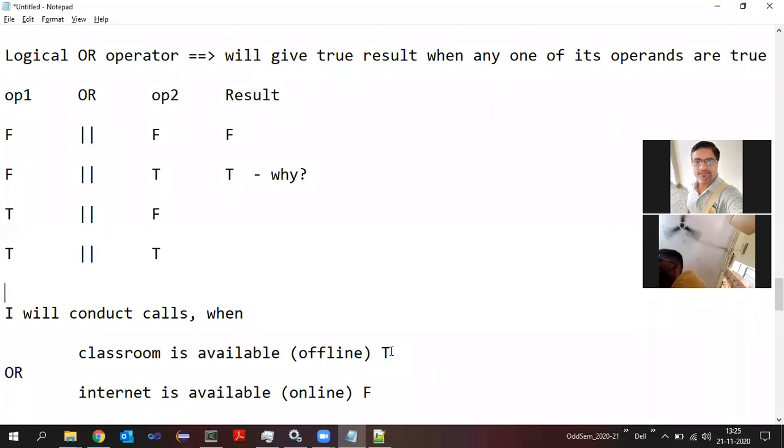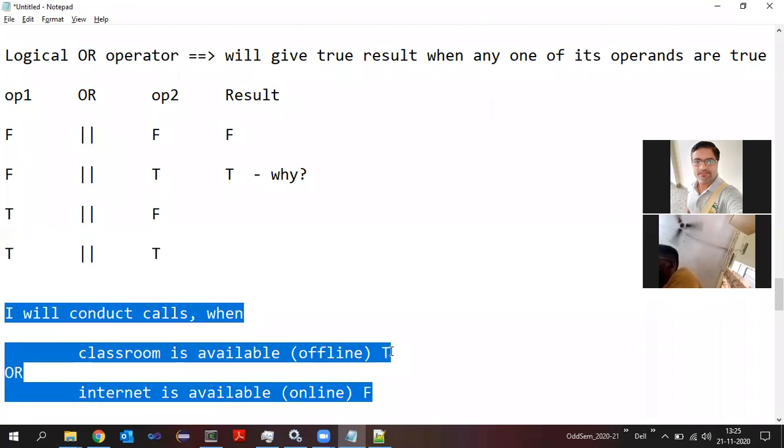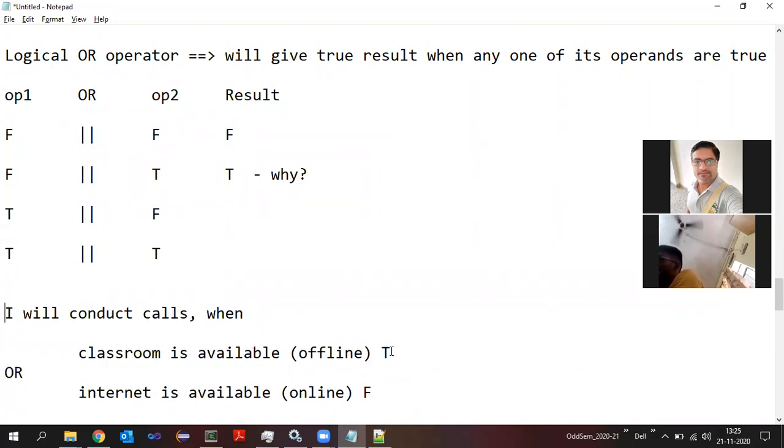Understood this simple example? If you apply the same thing over here, first one is what? Classroom is not available, internet is not available, then I cannot take the class, so the result is false. Same way, classroom is not available, but I have the internet. That means I can take the class, right? The result is true.